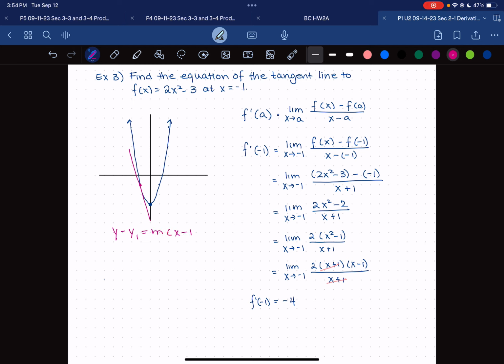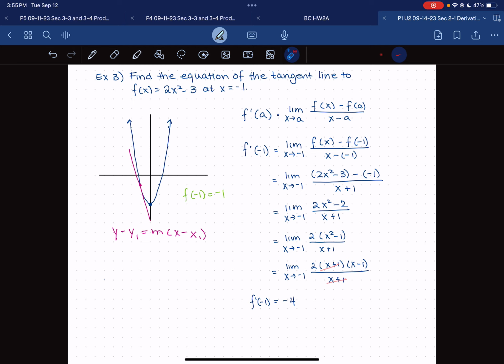If we do this, and plug in for what we know, the point on our curve, remember we just did this actually. When we plugged in -1, we got -1.